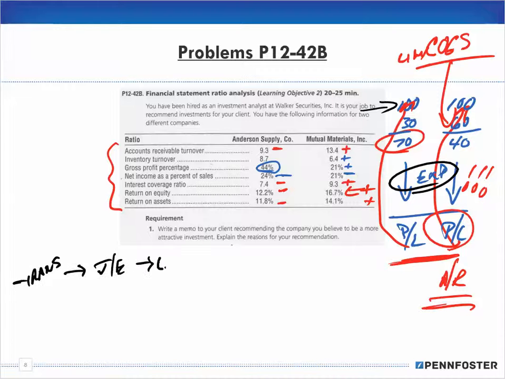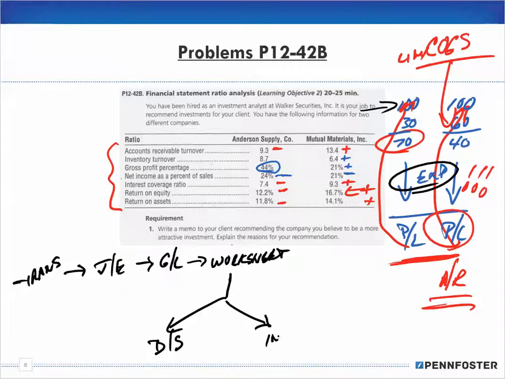Your journal gets posted to the ledger, the GL, into the general ledger accounts, and from the general ledger accounts, we work through the worksheet in order to create the balance sheet and the income statement.